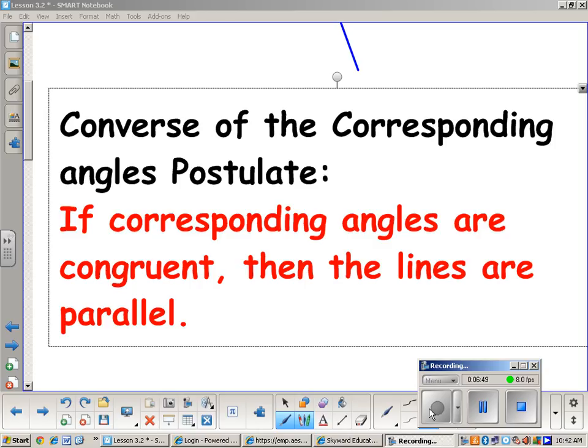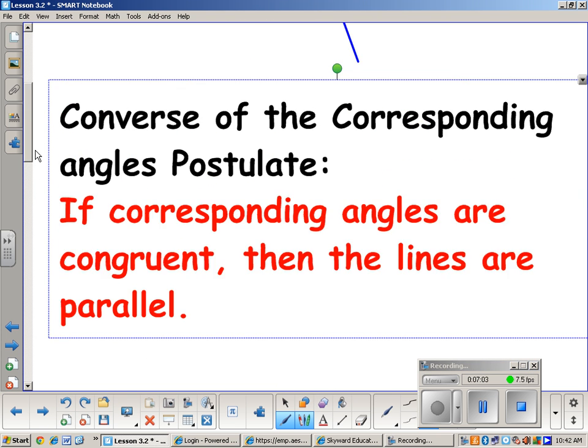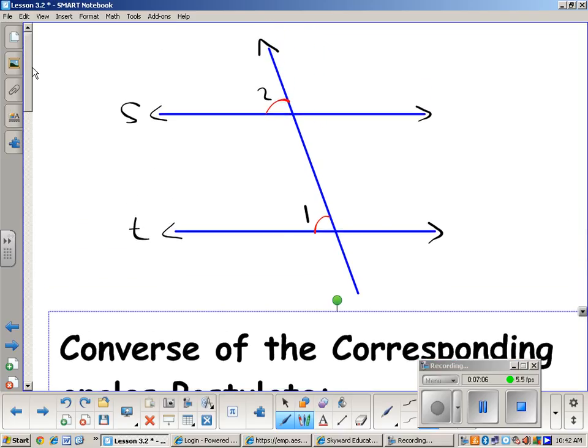That's just the opposite of what we studied before, where we started with two parallel lines and could say corresponding angles are congruent. Today, if we start with two corresponding angles that are congruent, then we can say my two lines are parallel. In our diagram, angle 1 and angle 2 are both in the upper left-hand corner, so they're corresponding angles, and they are congruent.